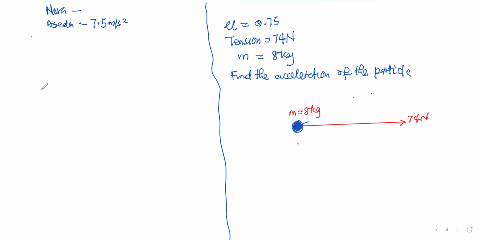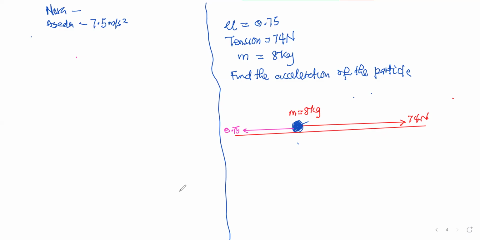And we are told it is being resisted on the floor by a frictional force. So let's assume this is the surface on which the mass is being dragged, and it is experiencing frictional force, which we are to determine. We're given the coefficient of friction of the floor as 0.75.